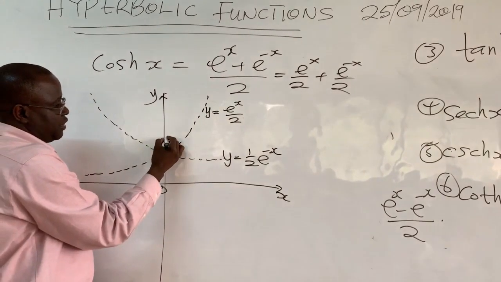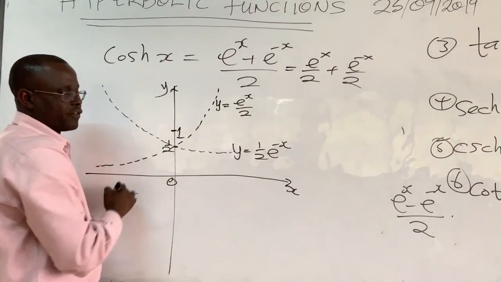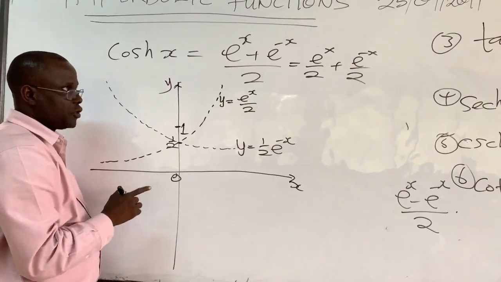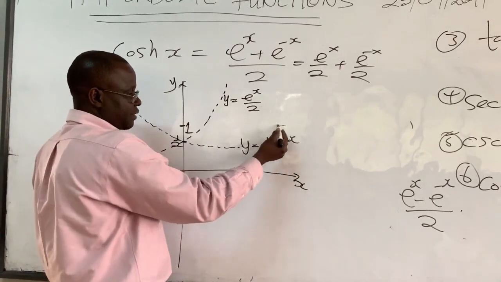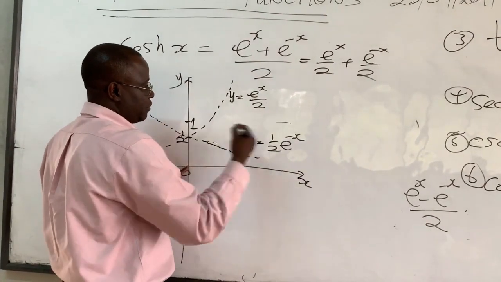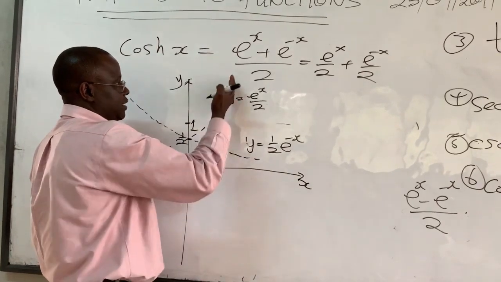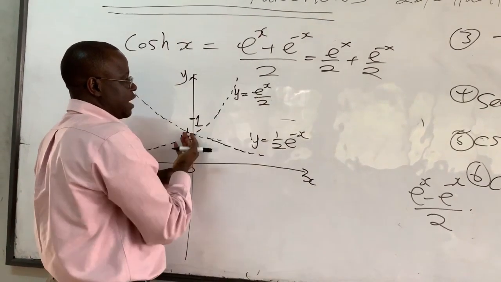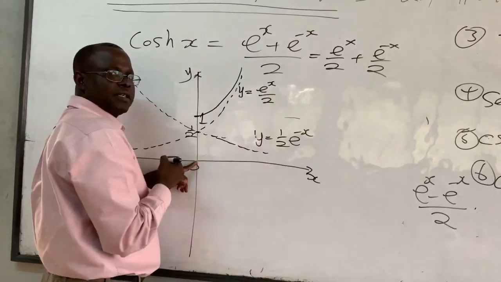So it means that the hyperbolic cosine function starts from 1. Now note that as x goes to infinity, this one is approaching 0. So as x goes to infinity, the graph is dominated by this one, which goes like that.